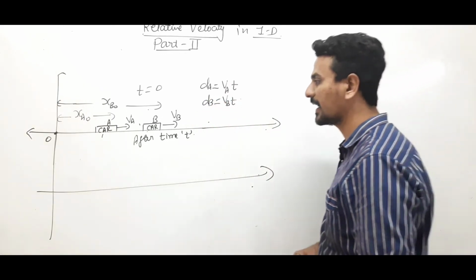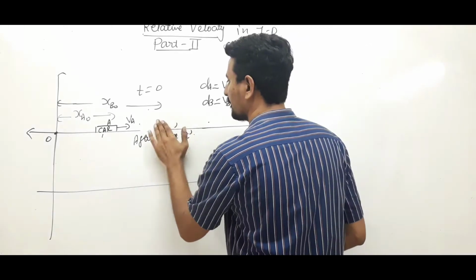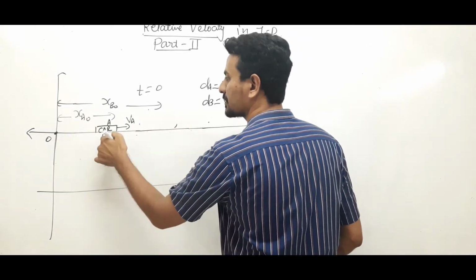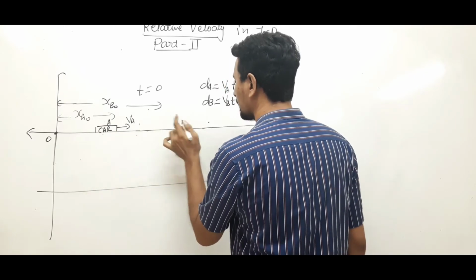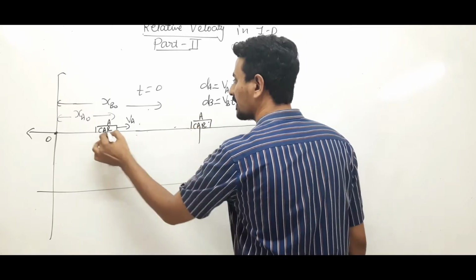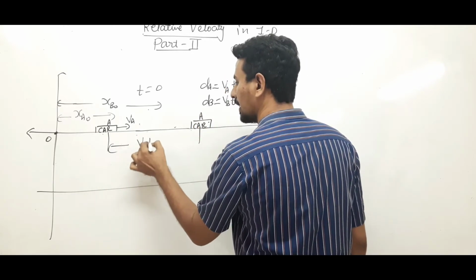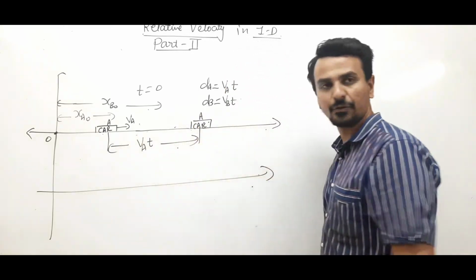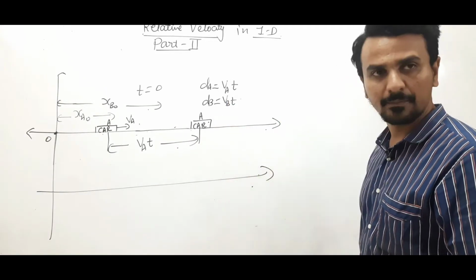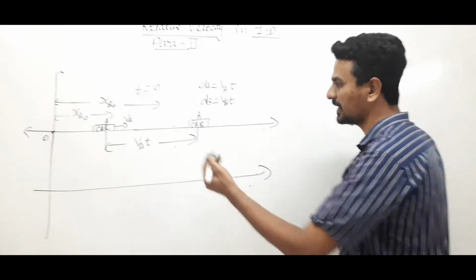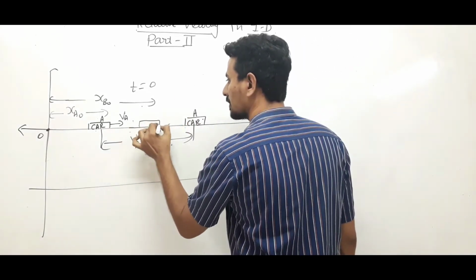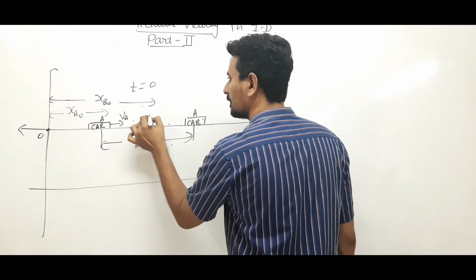Right? That means car A, which was here at t equals 0, will be somewhere here. So this is the distance travelled by car A, Va into t. So this will be the new position of car A at any time t. Similarly, car B was here.